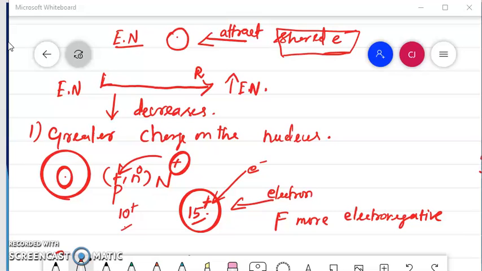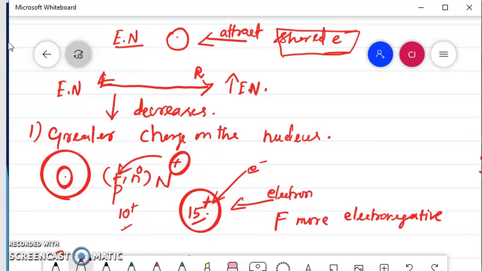Electronegativity generally increases from the left side to the right side in the periodic table. As we move down in a group, it decreases. This is the general trend of electronegativity in the periodic table.